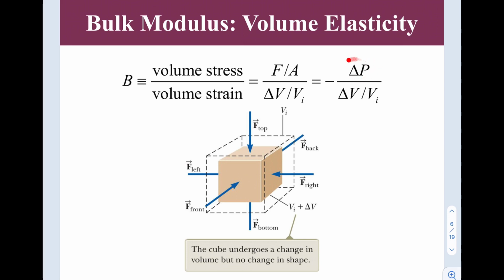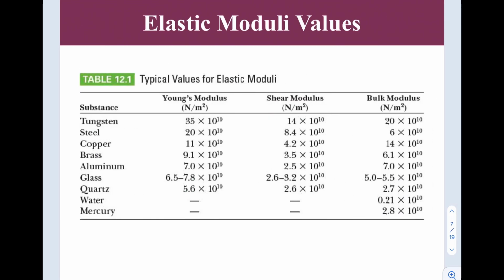So the pressure or stress experienced by this cube has changed. The change in pressure is the volume stress, over the volume strain, which is change in V over V initial. Normally change in V has a negative sign, so we put a negative sign in front of this equation to counter the negative sign within delta V.